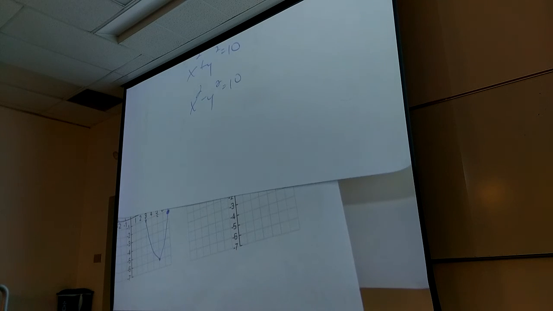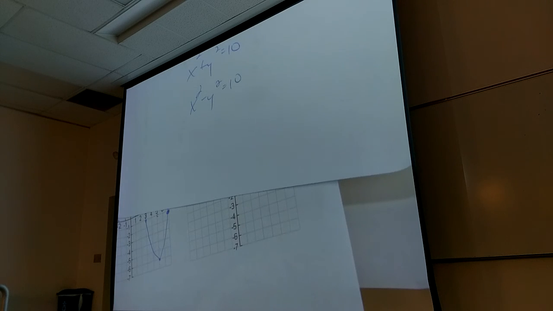If x squared was 100, what's y squared got to be? 90. If x squared was 1,000, what's y squared got to be? 990. Do you see how it's uncontained? Think about it, it's subtracting. That's why it's allowed to just go to infinity. It's not contained. Goes like that. Goes to infinity.